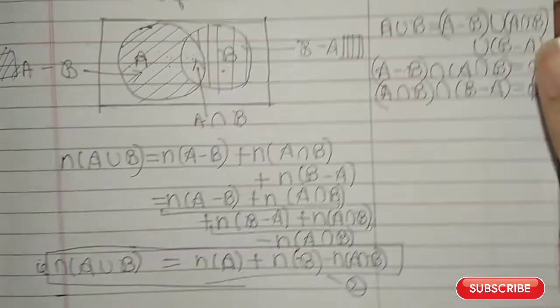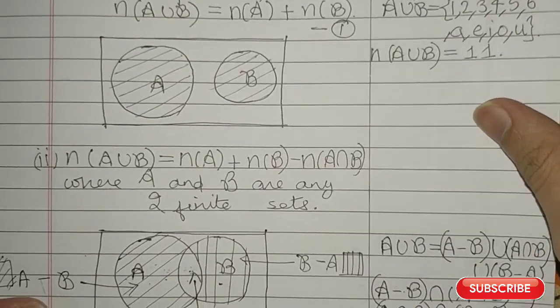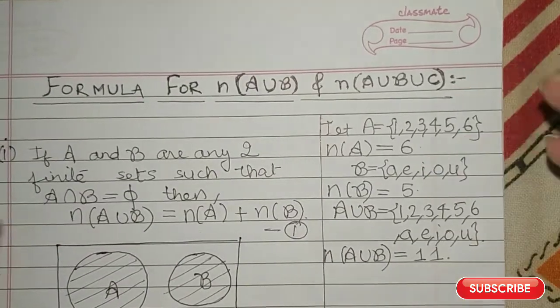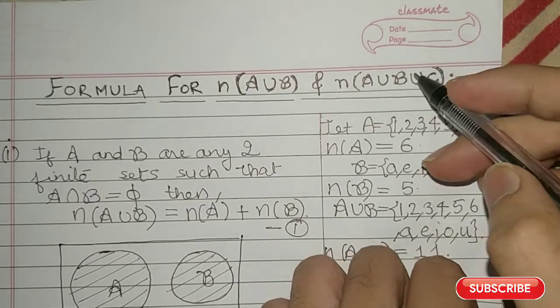Now we will go to the third formula, that is the number of elements in A union B union C. Okay, so we have to find this.